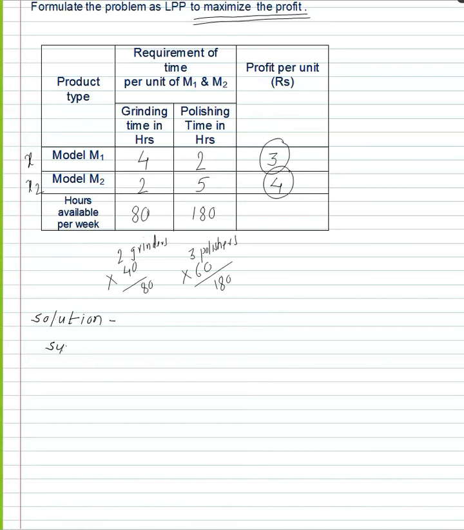Suppose that a manufacturer produces x1 units of M1 and x2 units of M2.